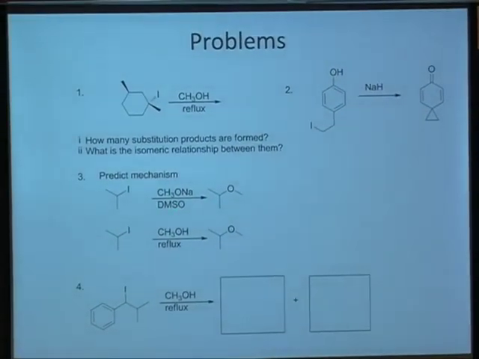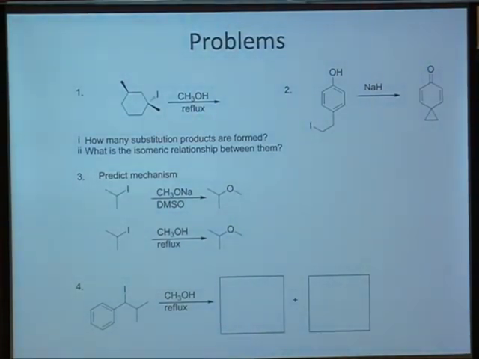Now, let's look at this question. Can I erase this thing? Okay, you get the same product from the same substrate.